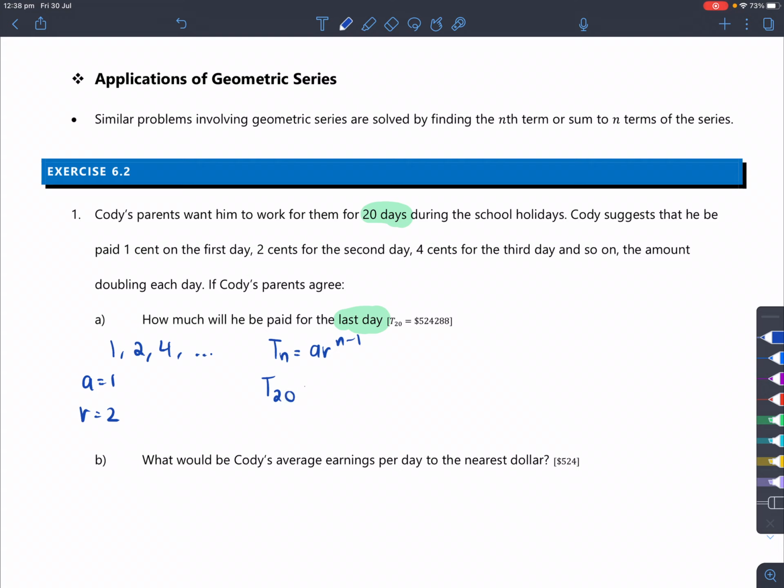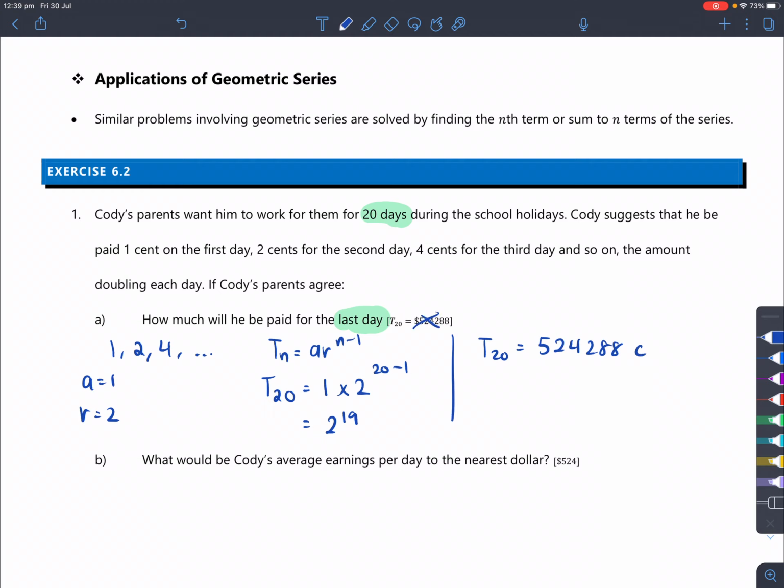T20, the 20th term, would be a, which is 1, times r, which is 2, to the power of n minus 1, which is 20 minus 1, so 19. That is 2 to the power 19, which is simply equal to 524,288, but this will be in cents.